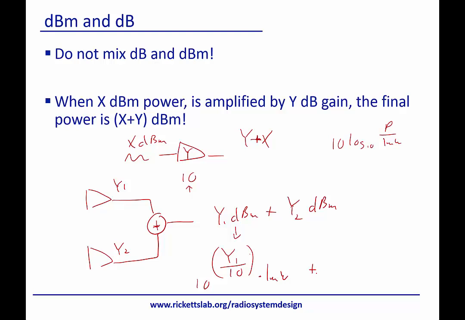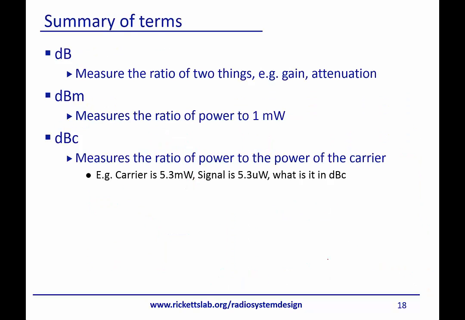I would add that to 10 to the power Y2 over 10 times 1 milliwatt, and that would give me the linear power out here. So this would be P out in linear. And if I wanted to put that back in dBm, I would just go back to this equation.